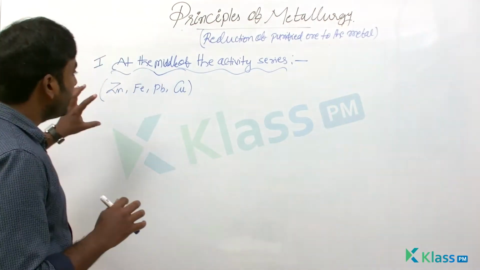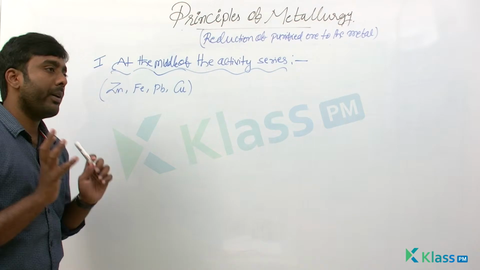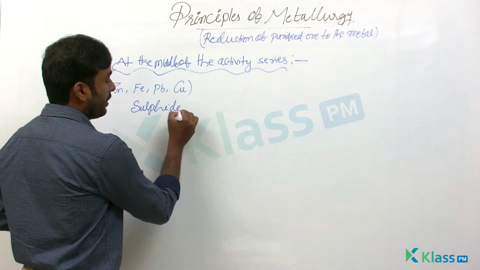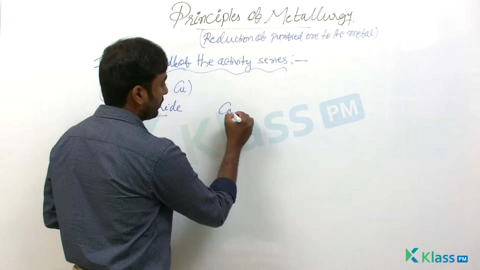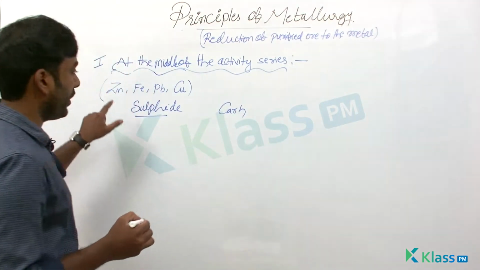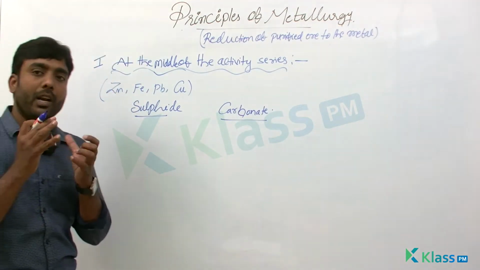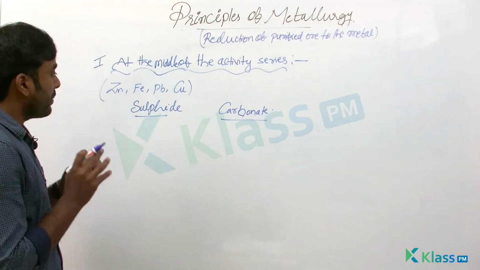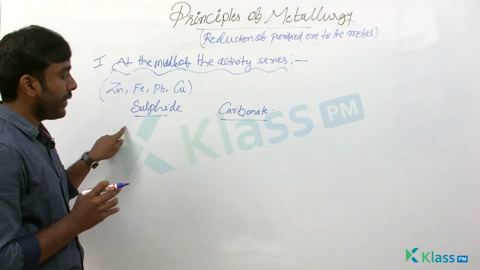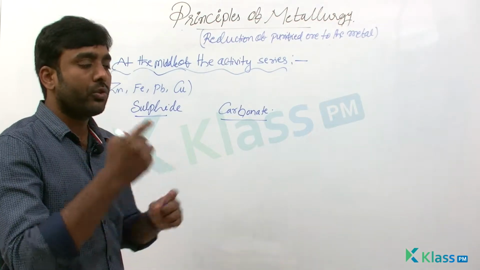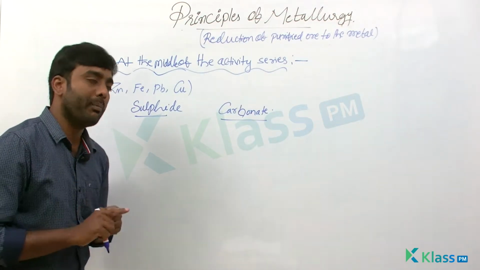All these metals are generally present in the form of their sulfide ores or their carbonate ores, like zinc carbonate and zinc sulfide. So before they get reduced, first they should be converted into metal oxides.